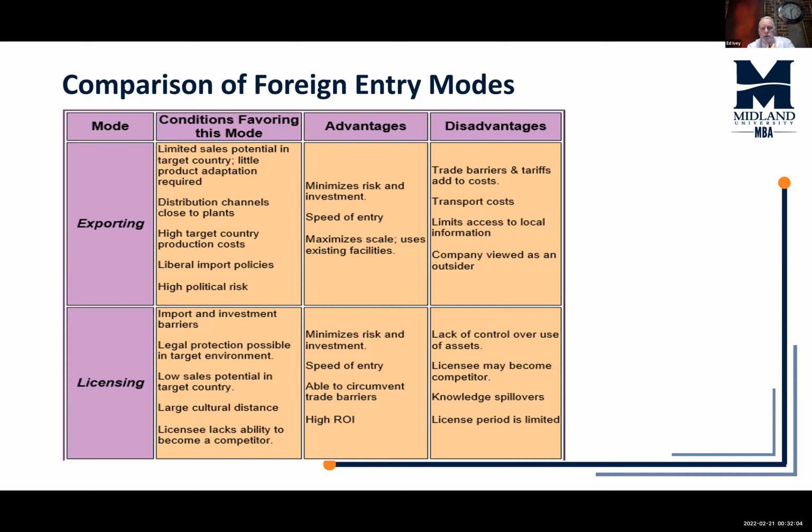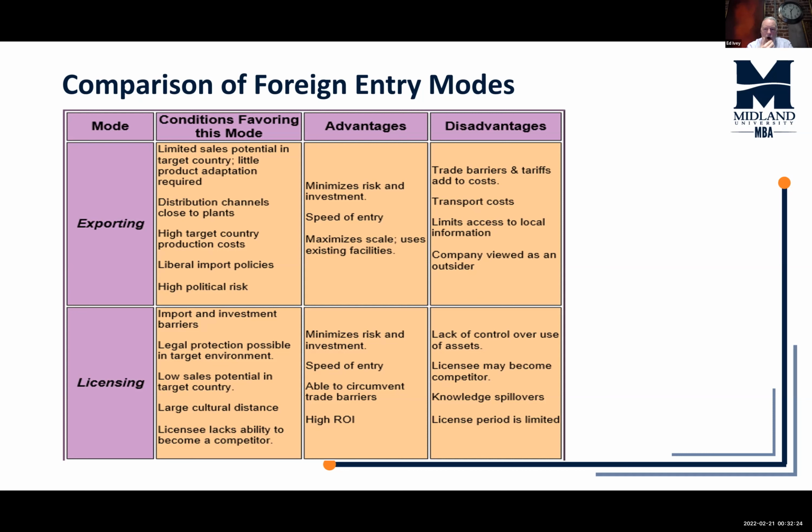It does help you to get around the trade barriers. So it is actually someone in that host country, in that target country, that is producing these goods. And as well, a high return on investment, because you already have that understanding, you have that know-how.